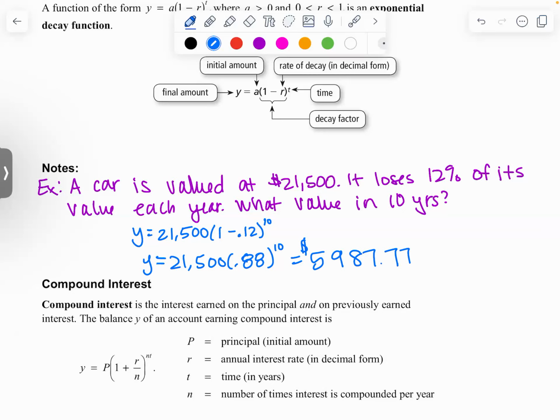I got 13,000. Brooks, could you please put in 0.88 to the 10th and hit equals? What did you get, Brooks?